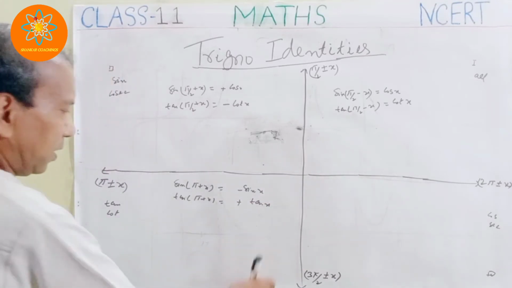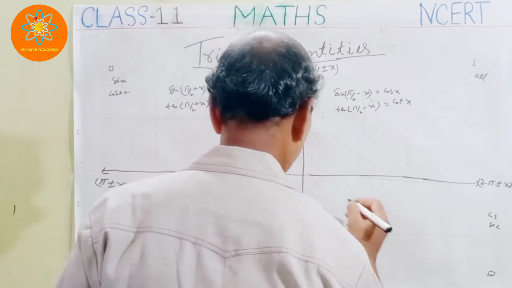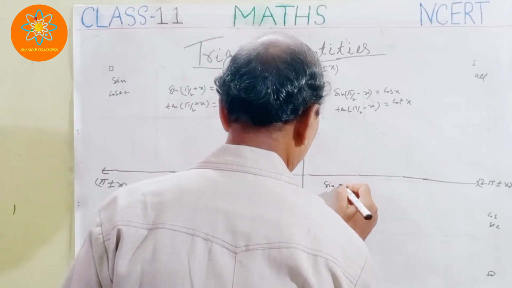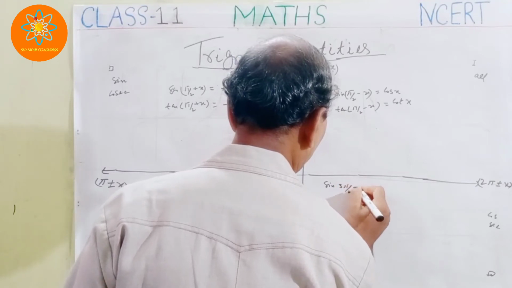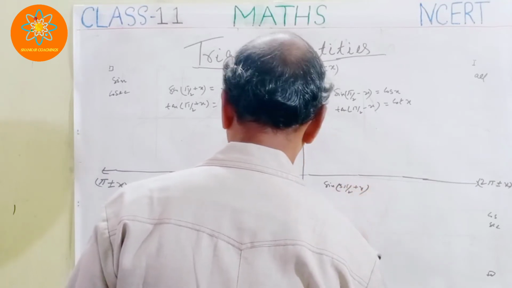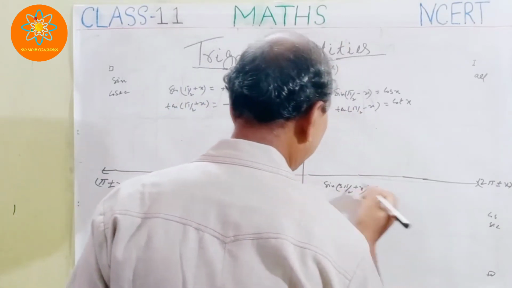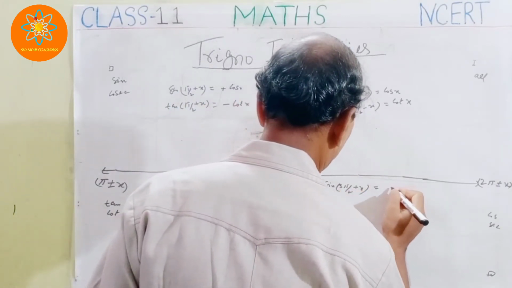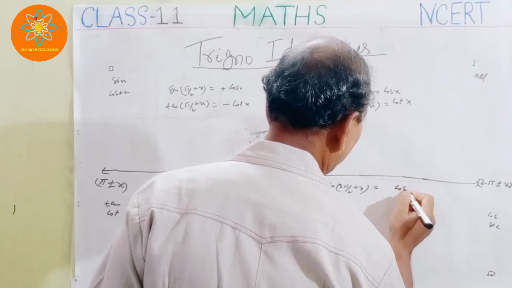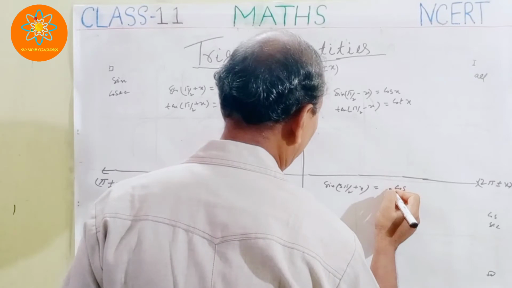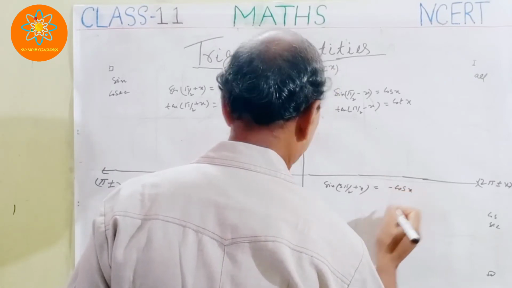Likewise, if I come to 3 pi by 2 plus x, let's suppose I am taking sine(3 pi by 2 plus x). So sine is changing into what? Sine is changing into cos, but here cos is negative, so this is your minus cos x.